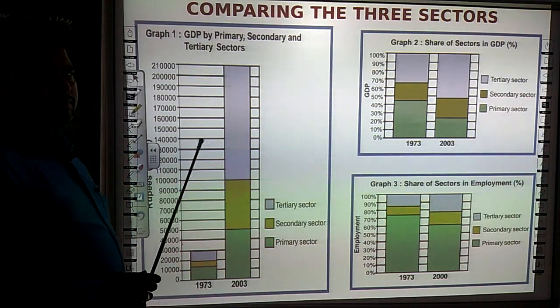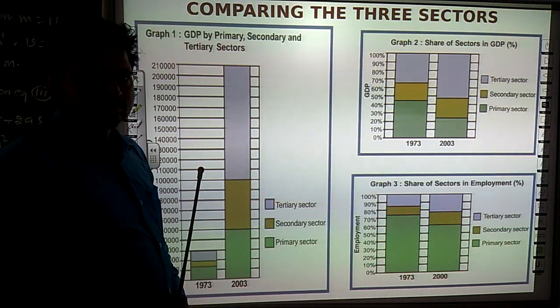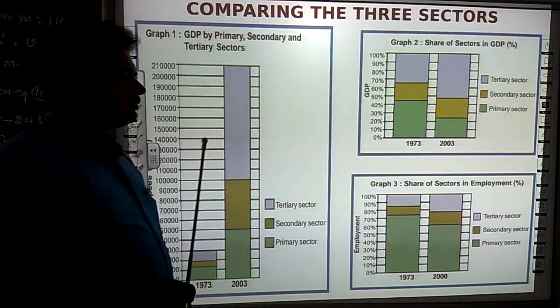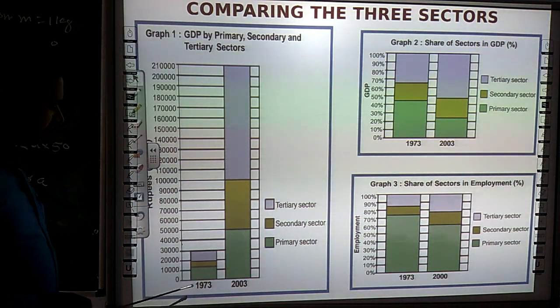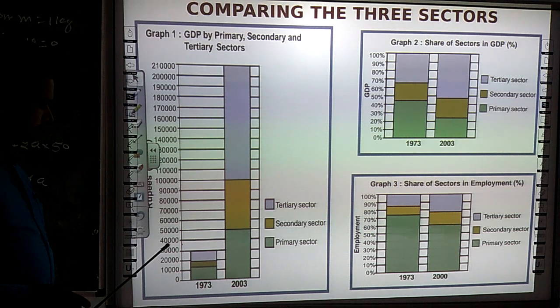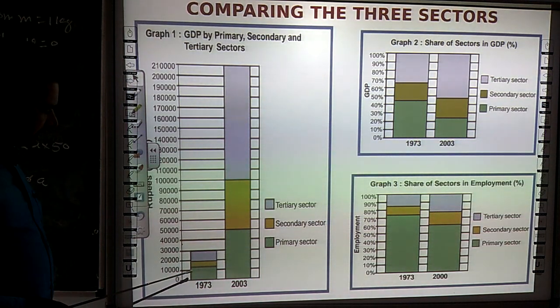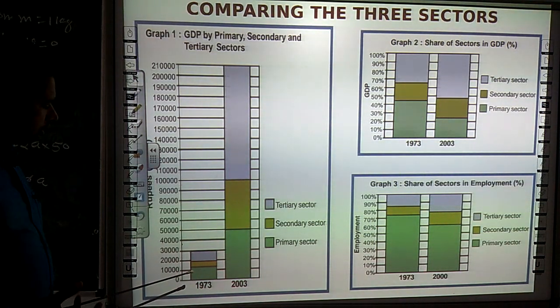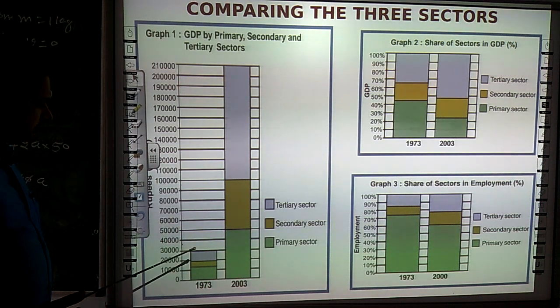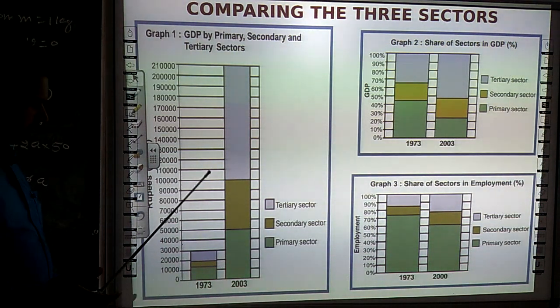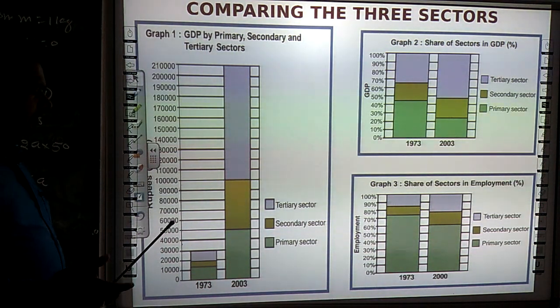Now we have to compare these three sectors in the Indian scenario. As you find, in 1973, the primary sector contributed a very small portion in GDP.